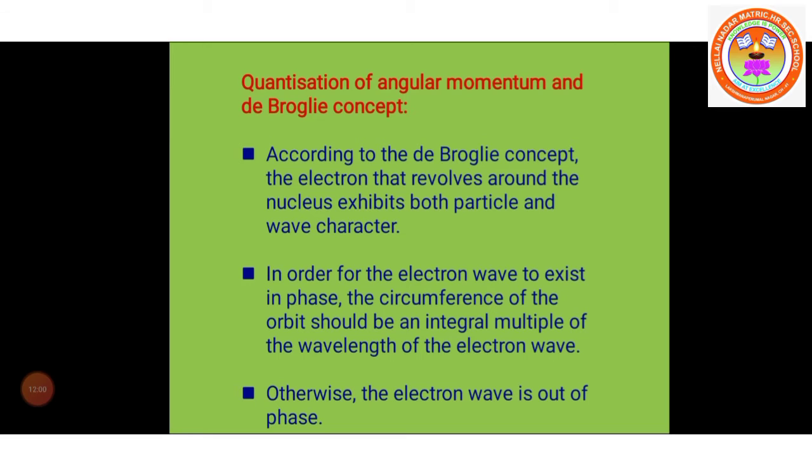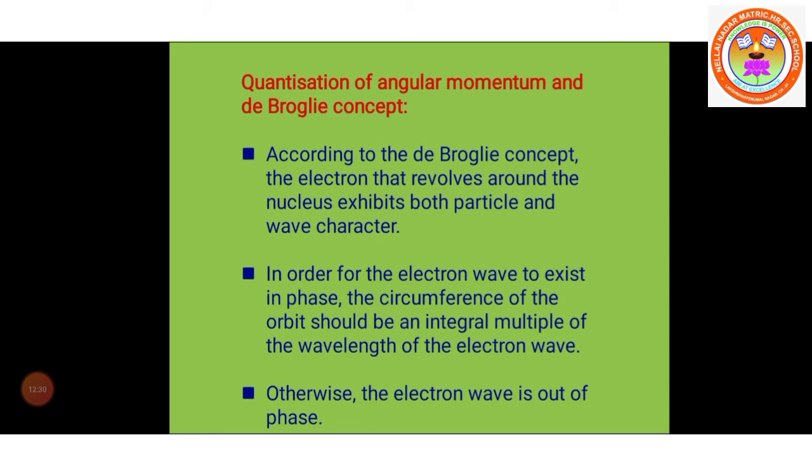According to the de Broglie concept, the electron that revolves around the nucleus exhibits both particle and wave character. It behaves as a particle as well as a wave.